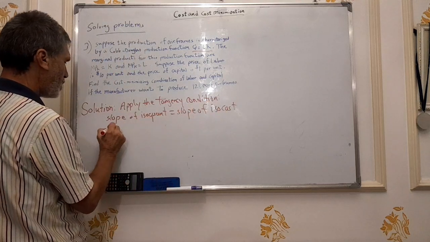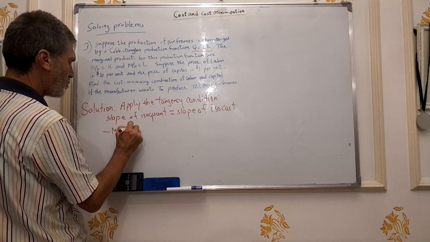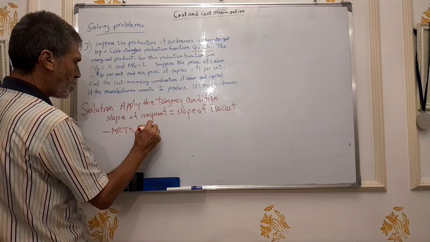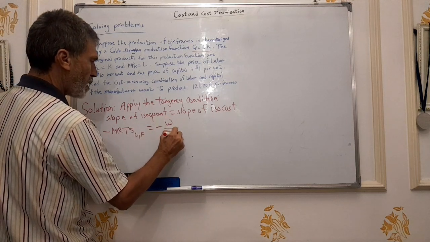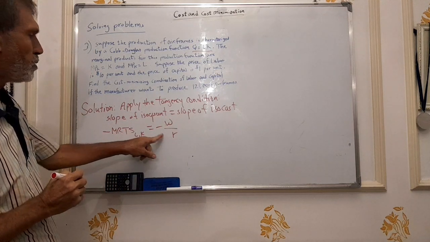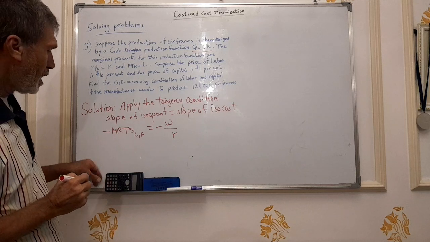That is, the marginal rate of technical substitution of labor for capital should equal W over R. This is the slope of the isocost, and the slope of the isoquants.